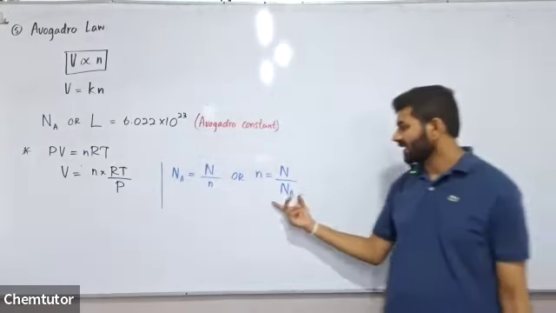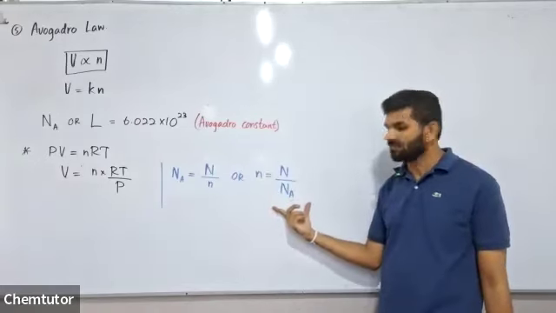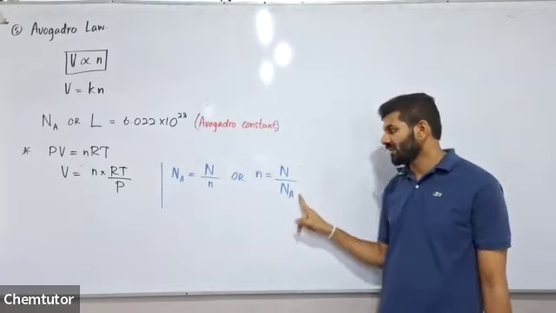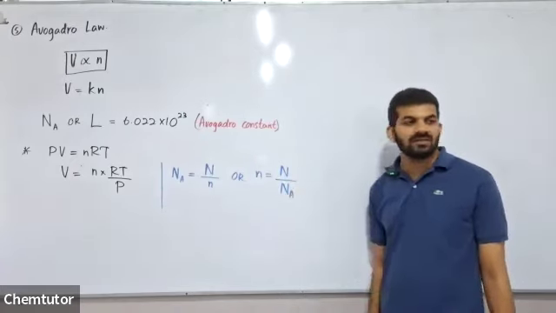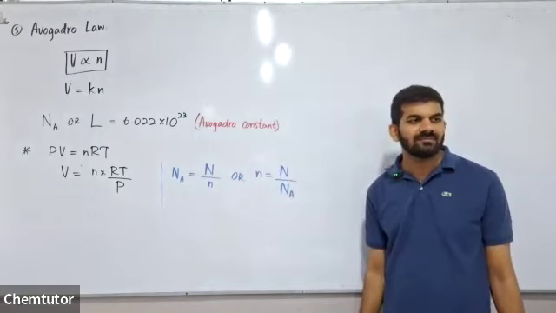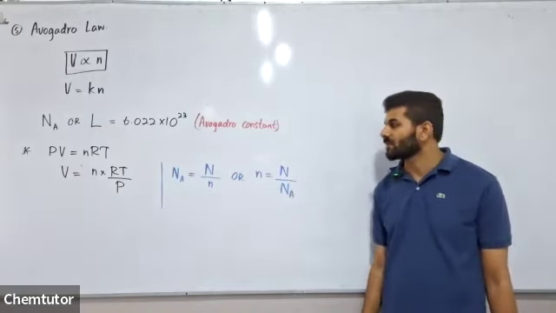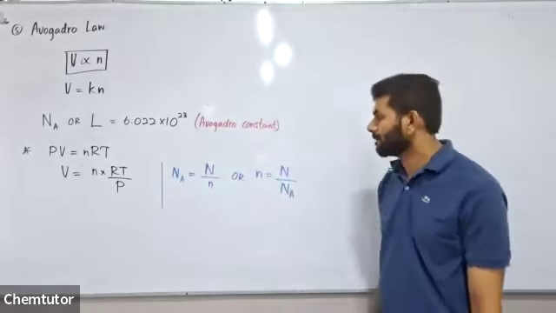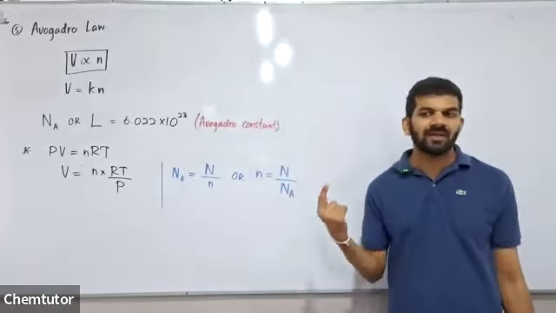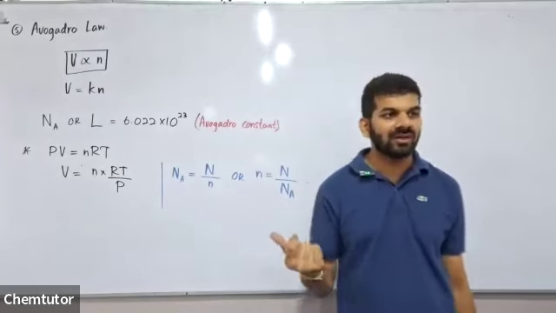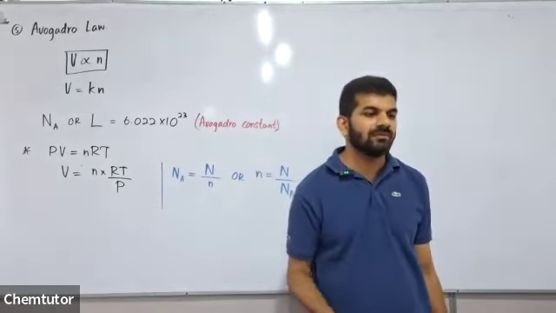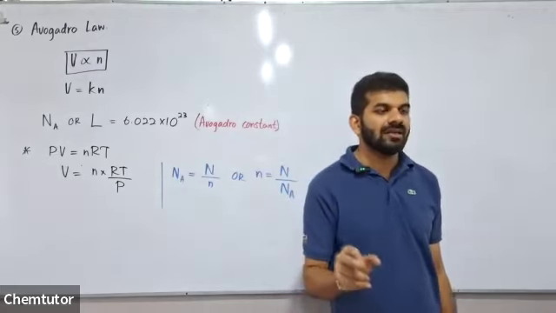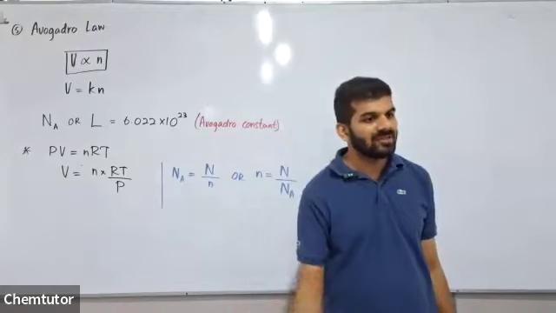We know that there are Avogadro number of molecules per one mole. Then we have the number of molecules. If we divide the number of molecules by Avogadro constant, that will be the number of moles. Is it clear? So we can simply say, in one mole of a gas we have Avogadro number of molecules. So to find the unknown number of molecules, we can multiply the Avogadro constant by the number of moles.